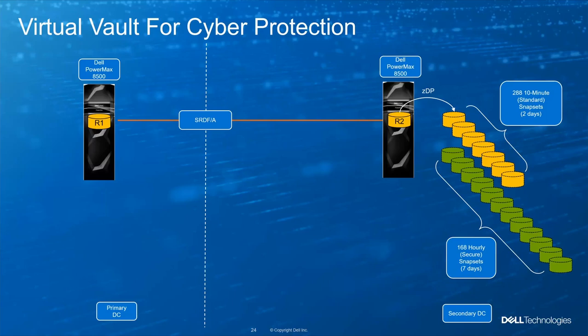But the tuning of the sizing tools that we have, if you're a current PowerMax user, certainly could be used to not only estimate, but actually measure how much additional capacity you would need. And if you don't run on PowerMax today, we have other methods to estimate what the capacity required is.